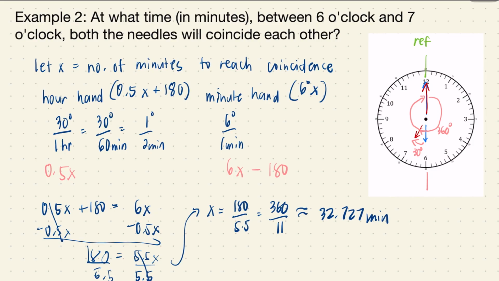Meaning, ang ibig sabihin nun, at after 32.727 minutes, they will coincide. Basically, anong time yun? So, this is basically our answer. But just to satisfy the other one, if you equate this other two, you should end up with the same answer. You can try that on your scratch paper.